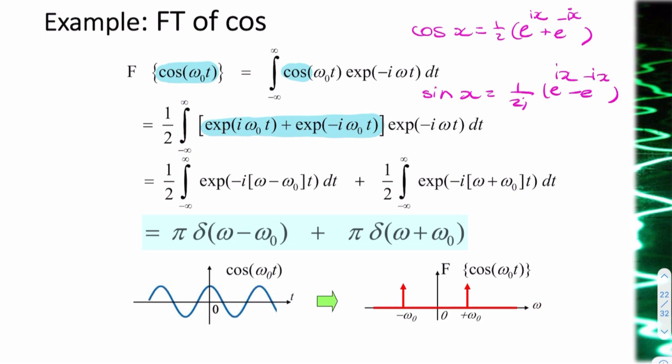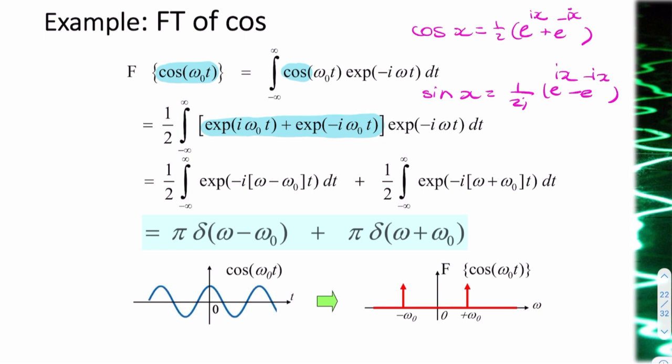Okay, so that's your cosine. Now if you simply multiply these, that allows you to add the exponents. So you end up with two terms, a difference and a sum.